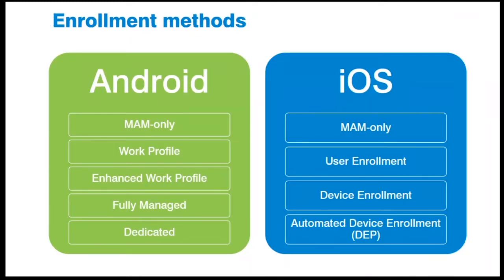So now to get an overview about all the methods there are. On both Android and iOS, we have the probably lightest version of device management. At the top, we have MAM only, mobile application management, which enables you to install applications on the phone and give them a configuration to protect the data inside the app.